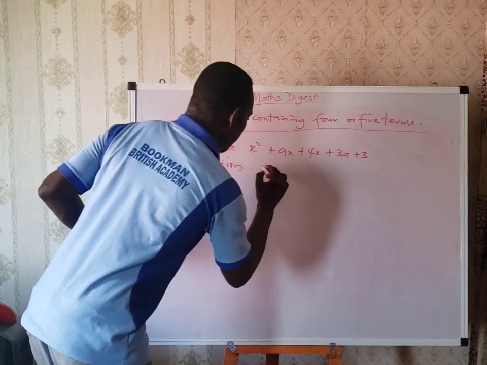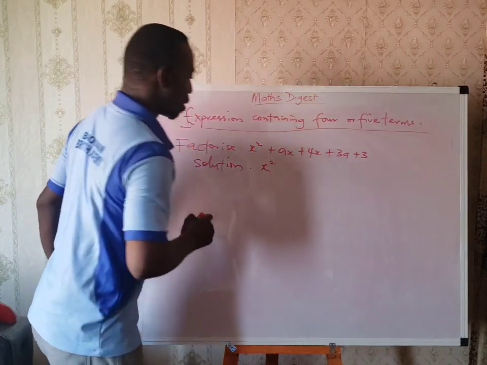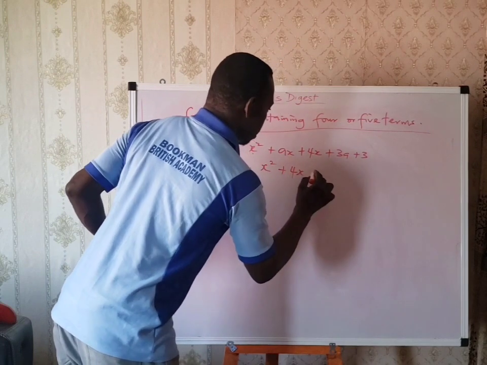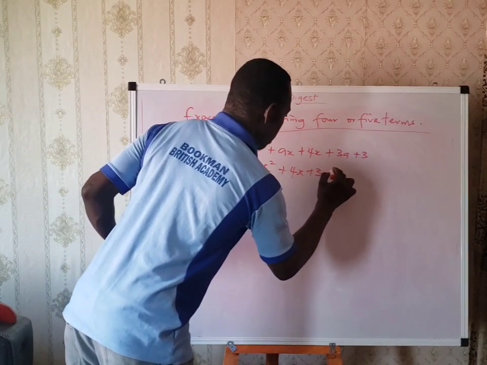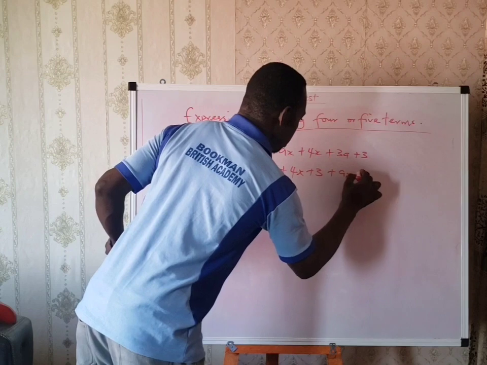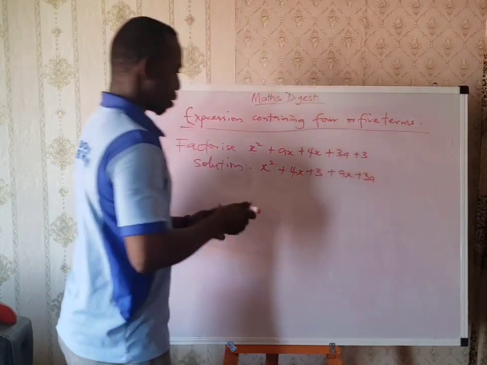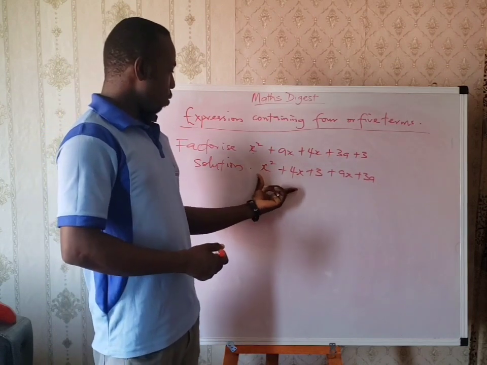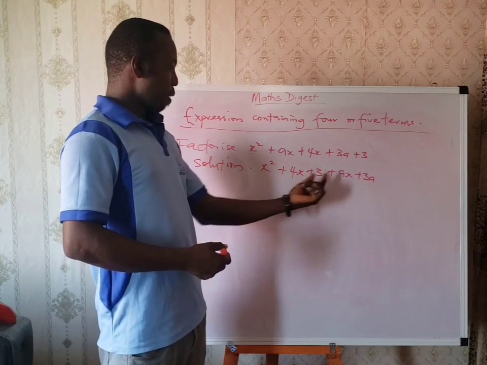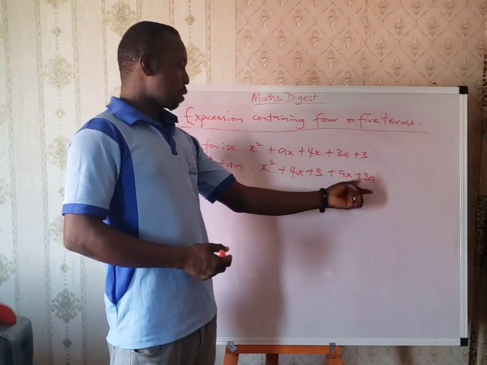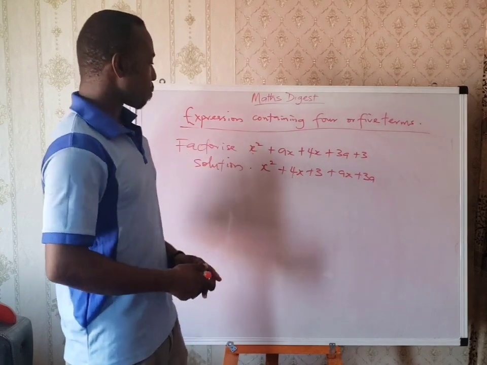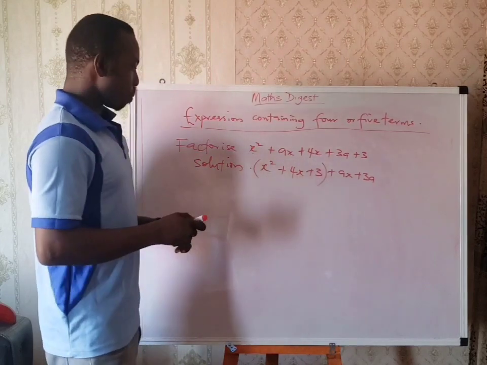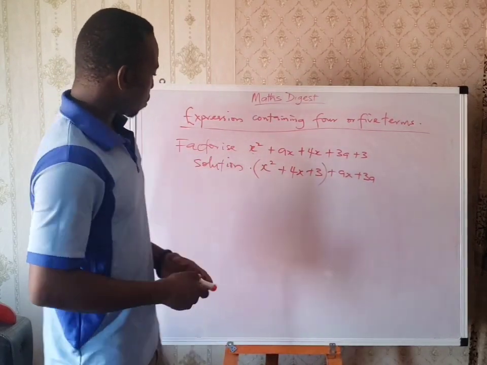So we can say 2x raised to power 2 plus 4x plus 3 plus ax plus 3a. Something like this. Now we have pushed those that have x apart from this. Now we can go with the 3a. These are the trinomial factors, the trinomial expression here.